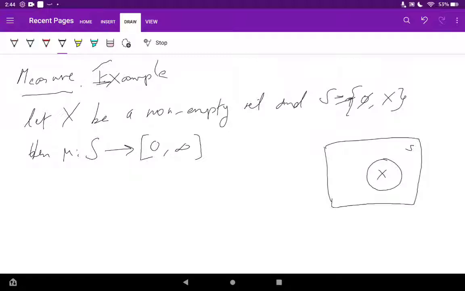I'm so sorry, these terminologies confuse me sometimes because I'm, let's say, average. Such that mu of the empty set will give us 0 and mu of the whole X will give us 1. Okay, the measure on X will give us 1. So this is a measure on X.